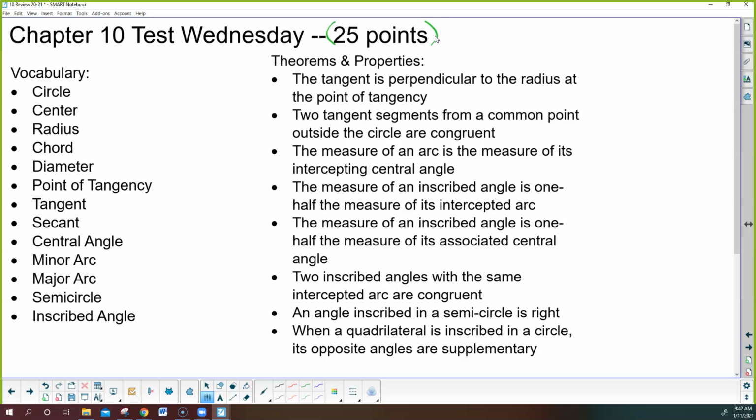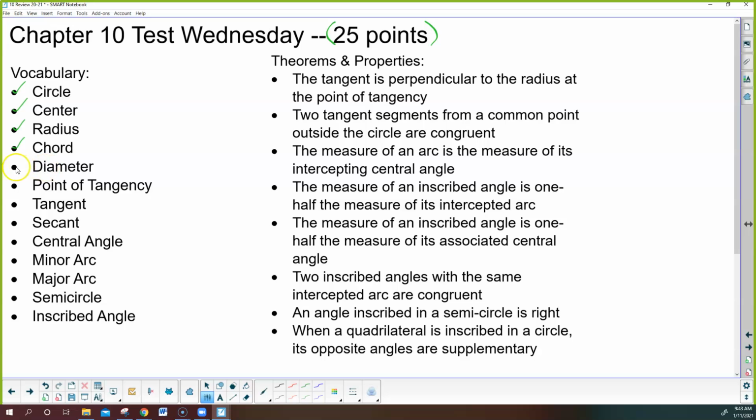And almost half of these points are based off of vocabulary that you have to know. So what I'd like you to do is read through this list and just think, okay, yep, I can identify what a circle is, what a center is, what a radius is. I know what a chord is.